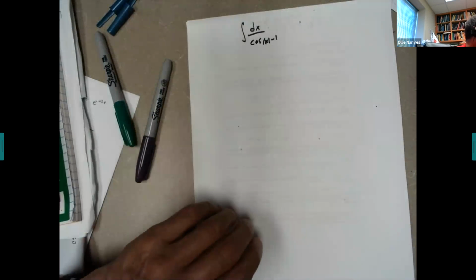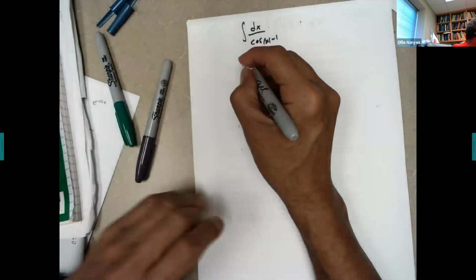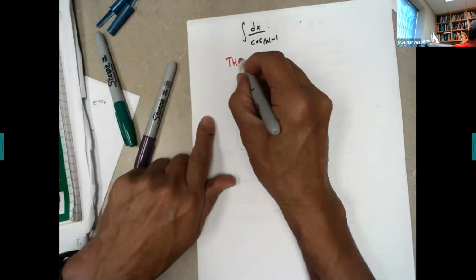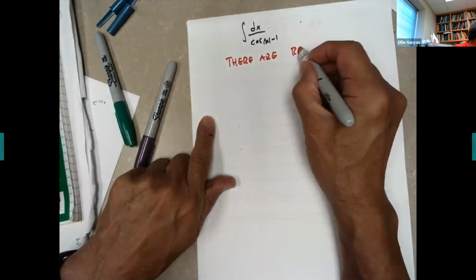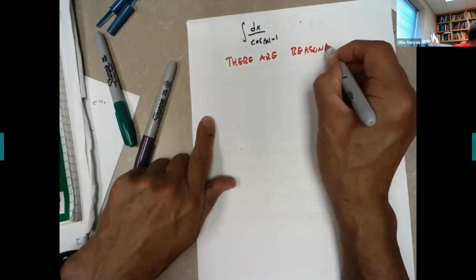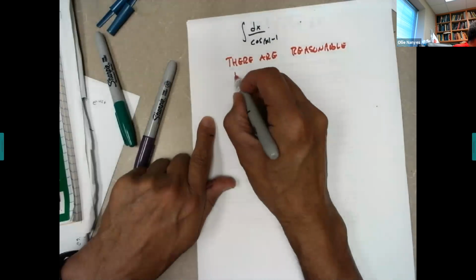Now we got a challenge. We have a cosine x minus 1. Now, I want to say about this particular problem, there are reasonable things to try.